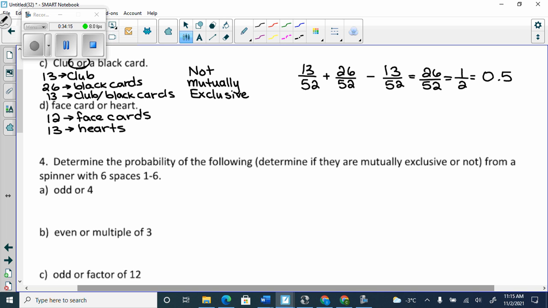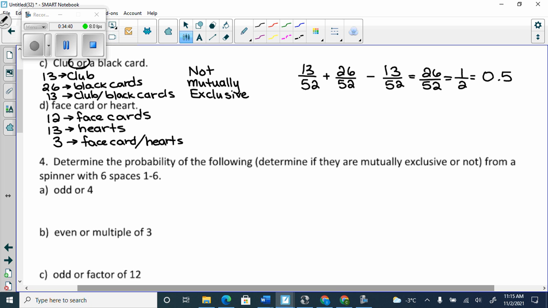Then we always have to do the last one, which has to be face card hearts. So basically, how many face cards are hearts? 3, right? If that last one is not a 0, there's overlap. We agree? If the last one with the slash is not 0, there's overlap.